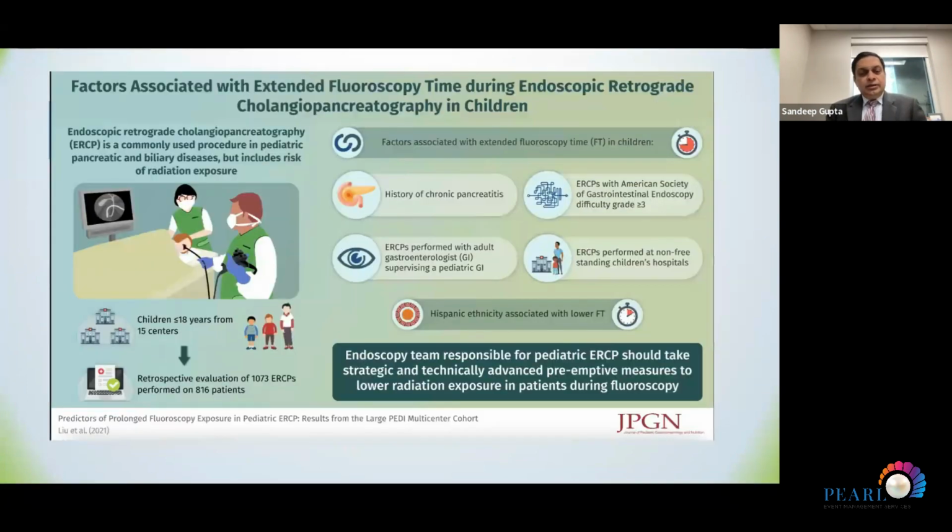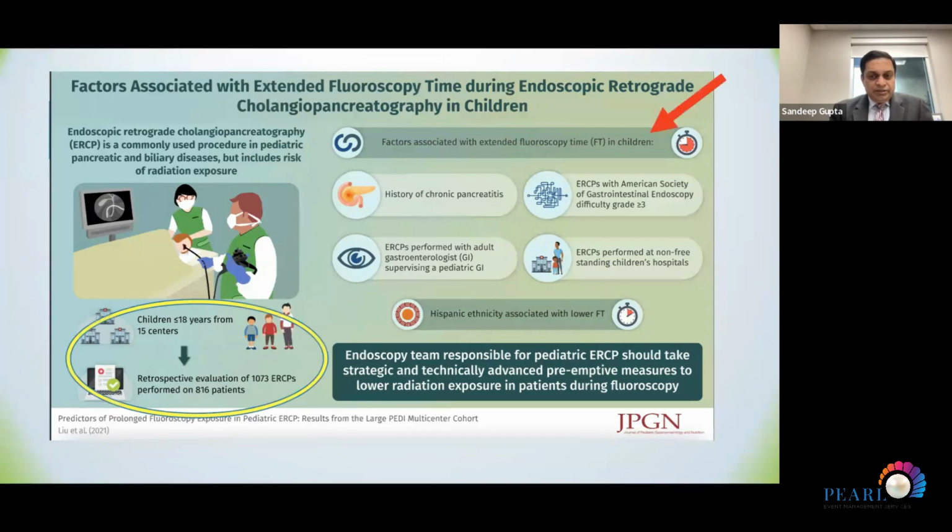The other interesting paper in JPGN was a quality improvement project on safety and quality, looking at factors associated with extended fluoroscopy time during ERCP in children. They took over 1,000 ERCPs in over 800 patients from 15 centers.